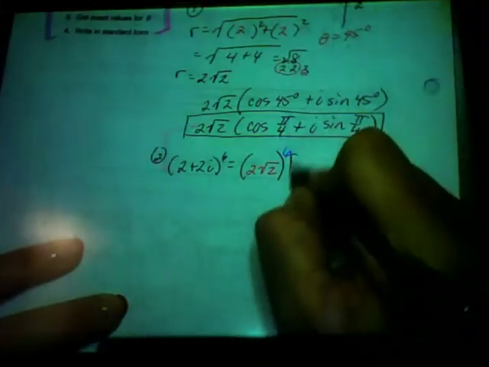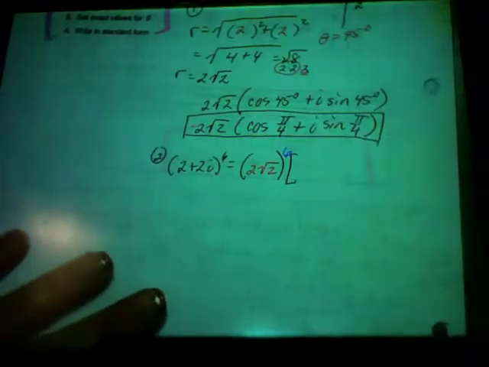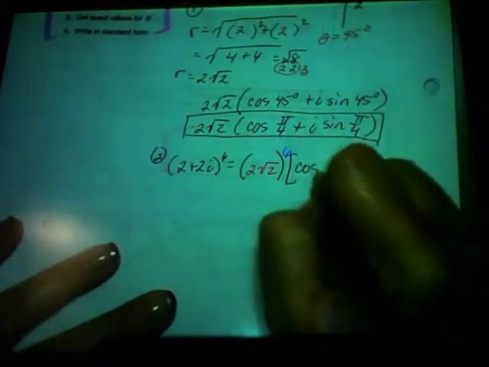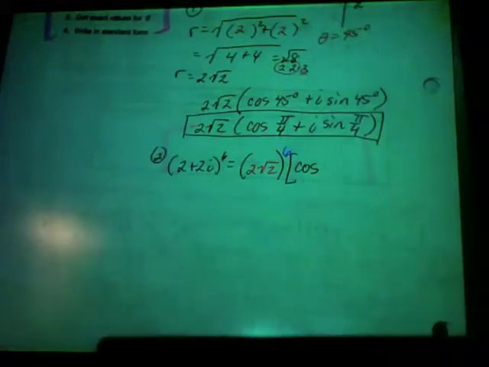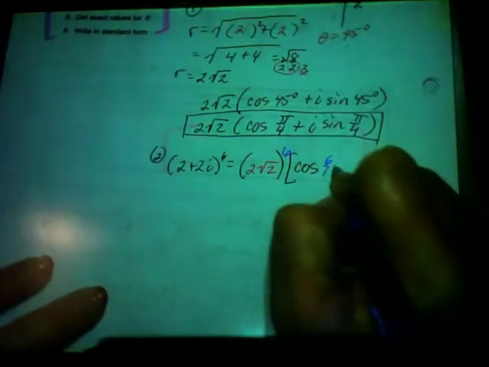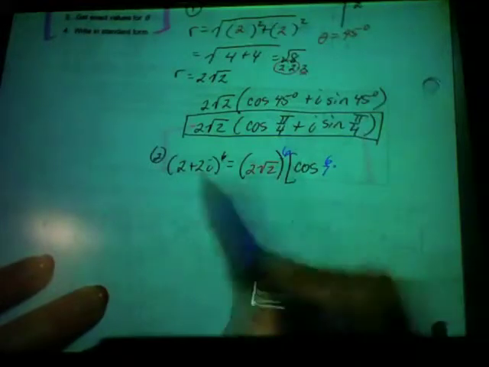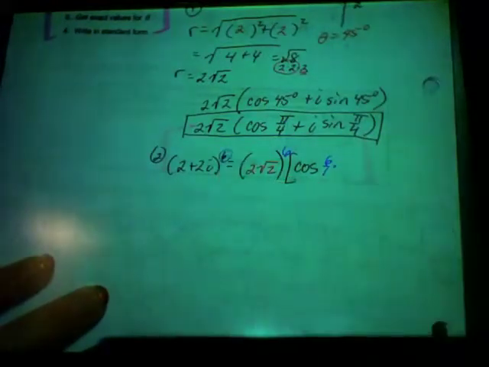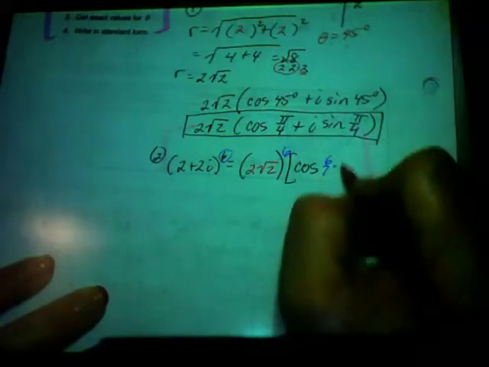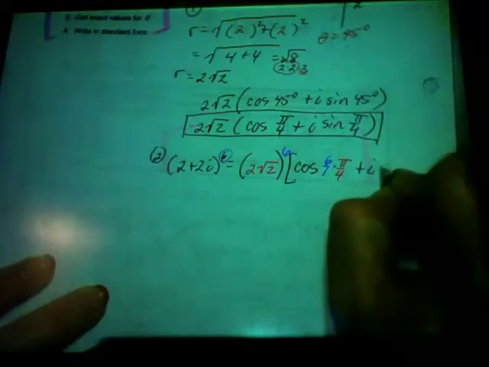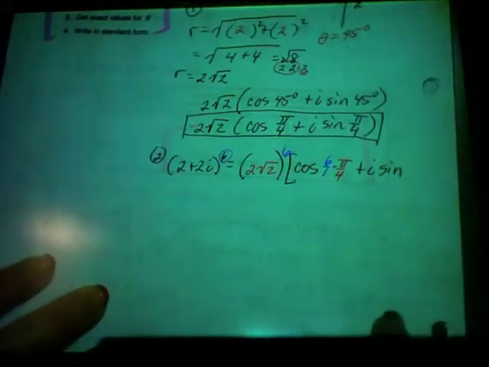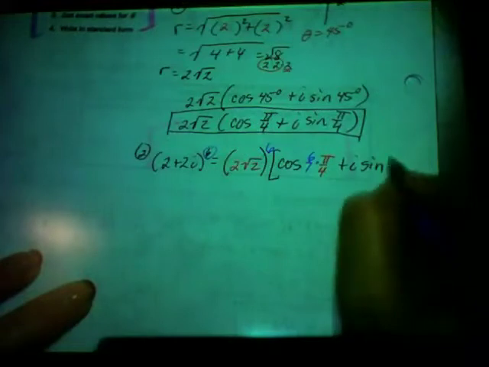Then I'm going to multiply it by the cosine of, I'm going to multiply 6 over 1, because that's what my exponent is that I'm raising it to right here. And I'm going to multiply that by my pi over 4 that we put in there, right? And then plus i sine of 6 over 1 times that pi over 4.